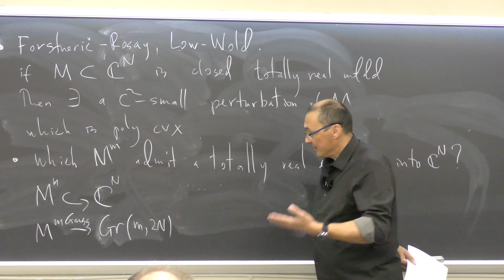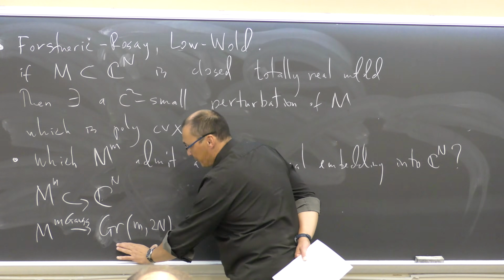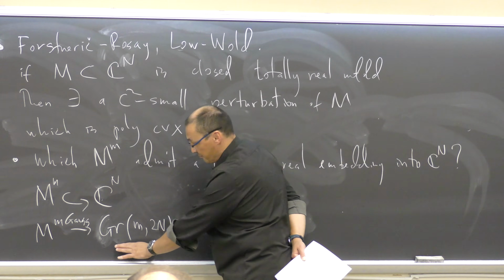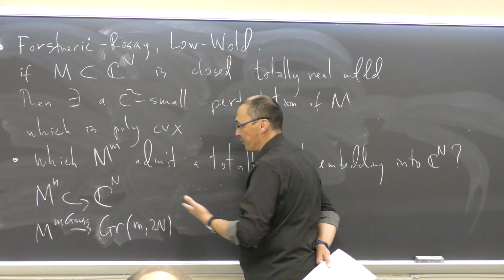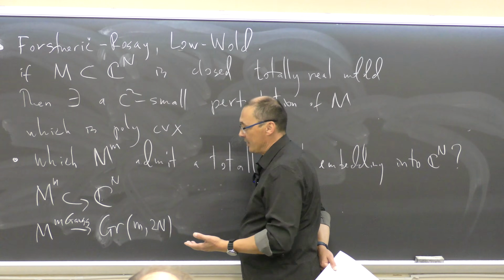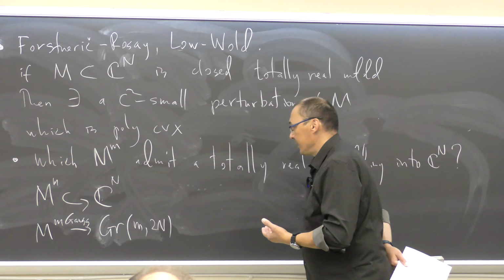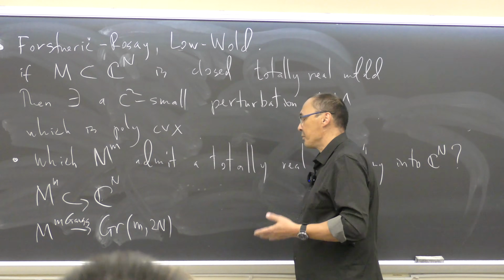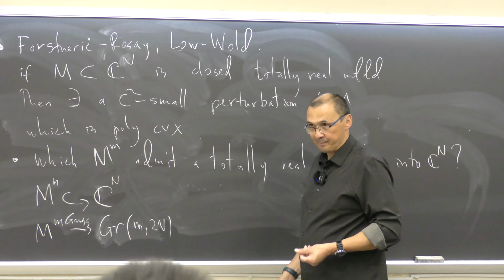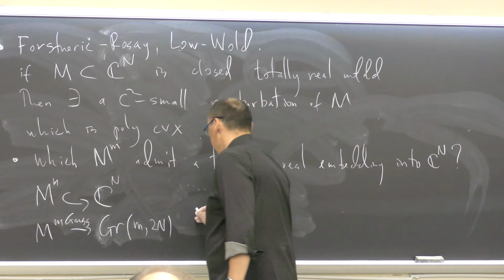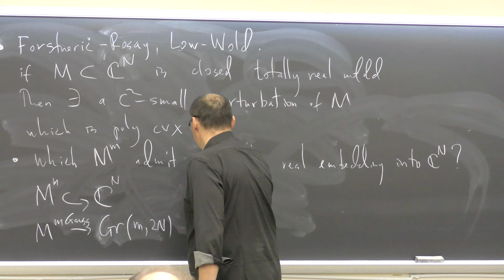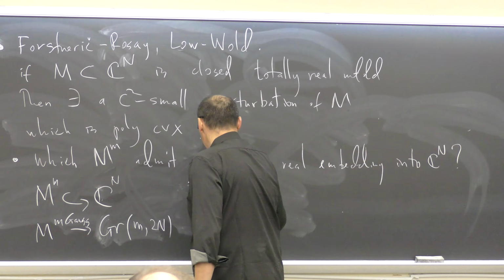And these are computable objects. For every such dimension you would have a manifold, and you can avoid them. And this is just a transversality theorem.